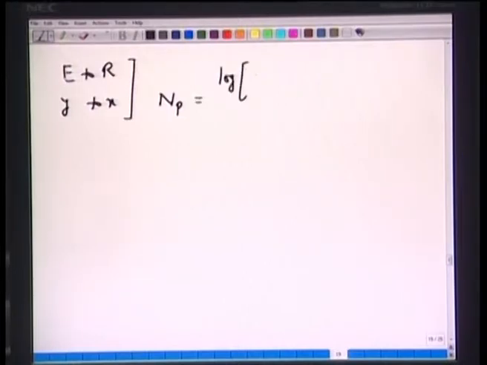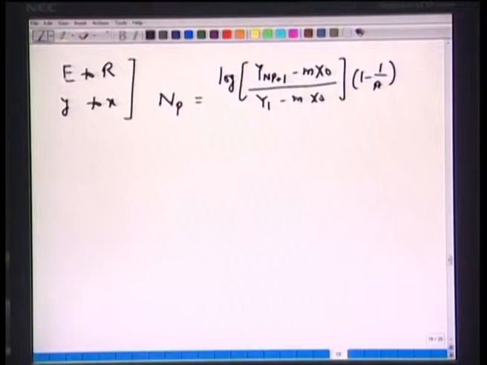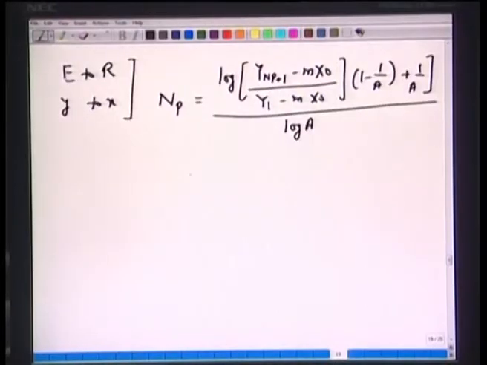NP equals log of [(y NP plus 1 minus m x0) over (y1 minus m x0)] times [1 minus 1 over A plus 1 over A], over log A, if A does not equal 1.